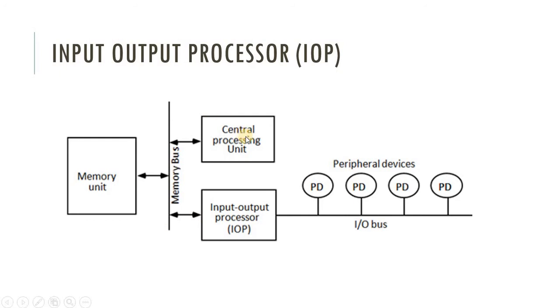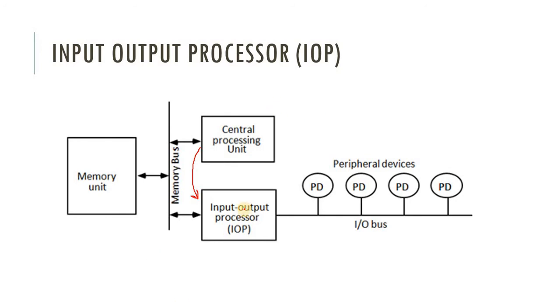Now let's understand how it works. Here this is the central processing unit, which means CPU. The CPU is the master and the input-output processor is the slave. When the CPU gets a request for transfer of data between peripheral and memory, the CPU, which is the master, sends the request to the IO processor, and after that the CPU continues to perform its own work.